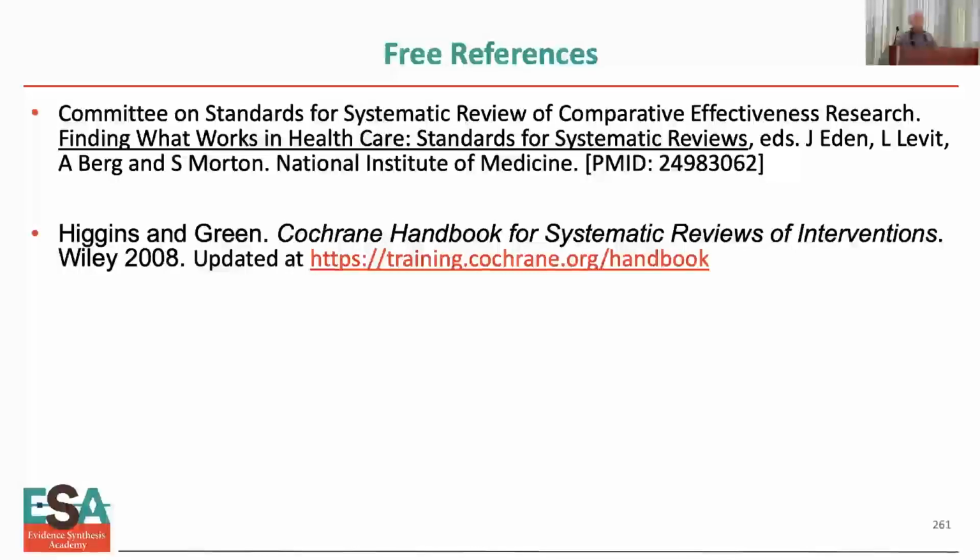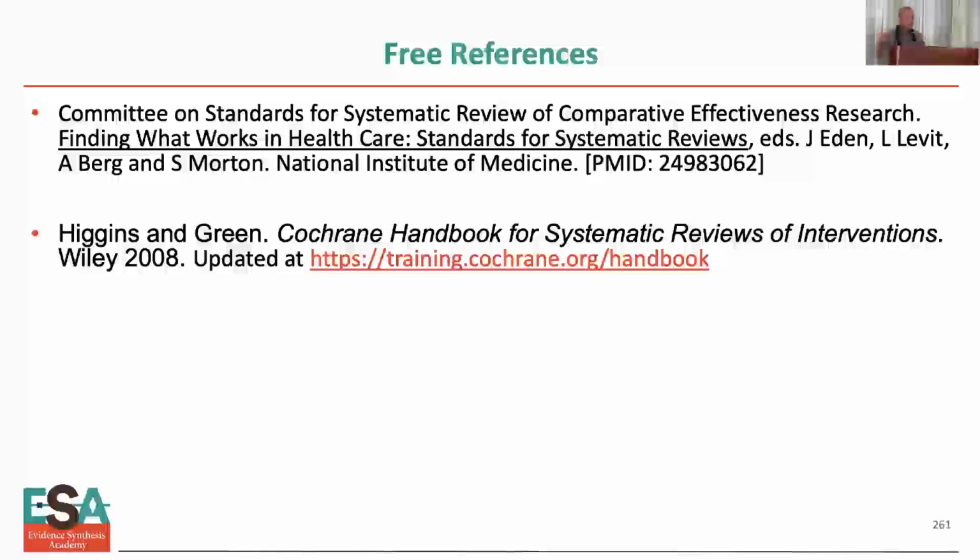It's a little bit like the PRISMA checklist, but it's a long document that explains what a systematic review is and how it should be done properly. And then the Cochrane Handbook is a very good reference as well, even if you're not doing healthcare. It's got a lot of good stuff in there, and it's being updated currently, but that's the website for the Cochrane Handbook. I think the new version is supposed to be coming out later this year.